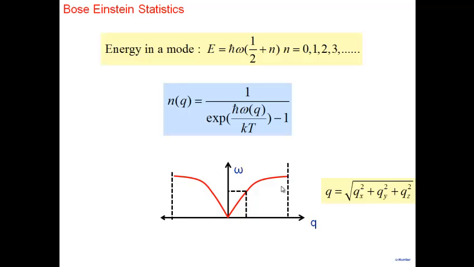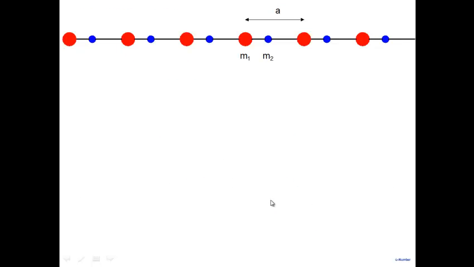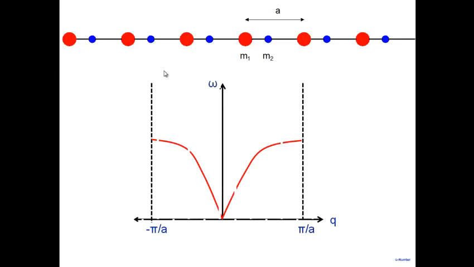Before we do that, I took a very simple lattice here consisting of one single atom. Suppose I have a lattice like this, a diatomic lattice with a bigger mass and a smaller mass like this here. One is M1 and another one is M2, and if we do all that analysis again, what we find is we have a mode like this, where different modes follow this kind of a relationship.